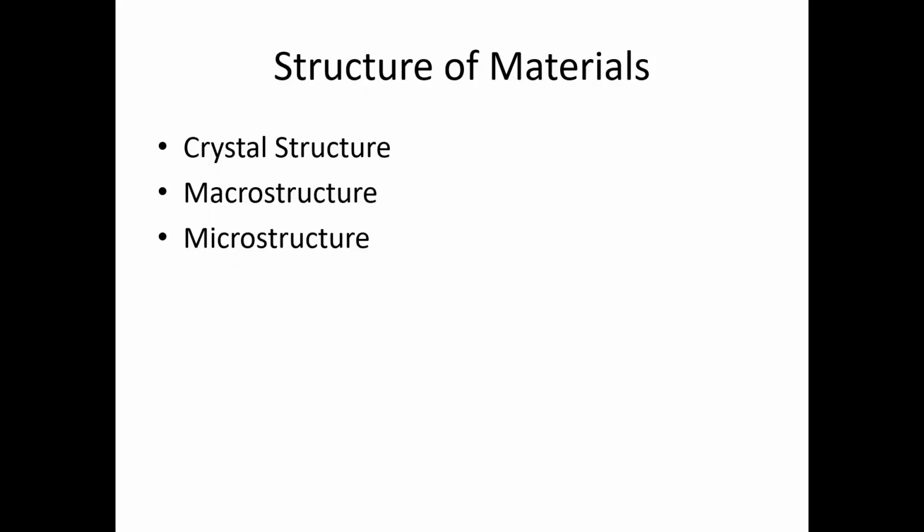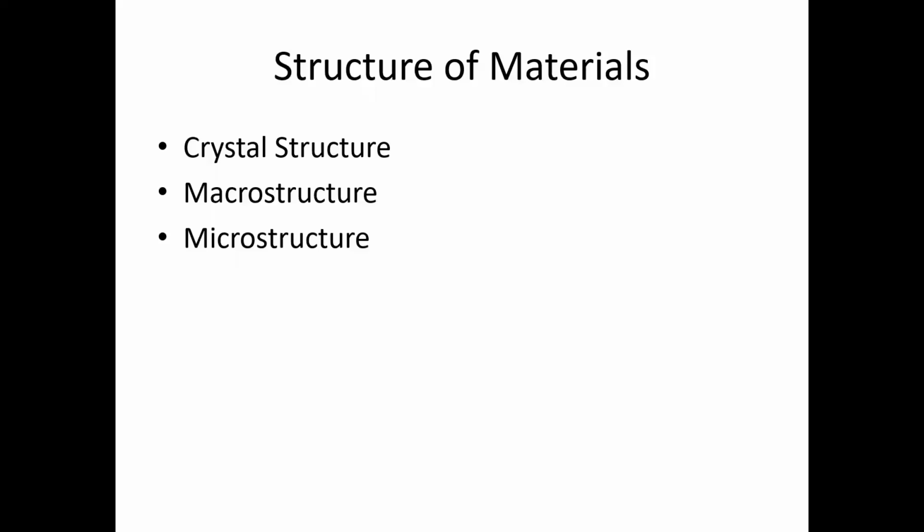And for microstructure, we have to find out the internal structure of the material, and for that we require the optical metallurgical microscope and electron microscope to observe the microstructure of the material. All these structures, crystal structure, macro structure and microstructure, are important to decide the properties of the materials and their alloys.